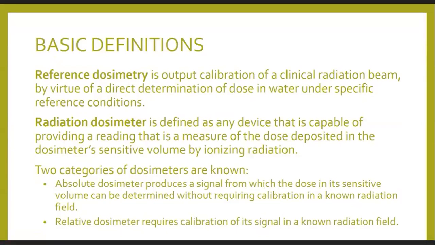And the radiation dosimeter is defined as any device that is capable of providing a reading that is a measure of the dose deposited in the dosimeter sensitive volume by ionizing radiation.